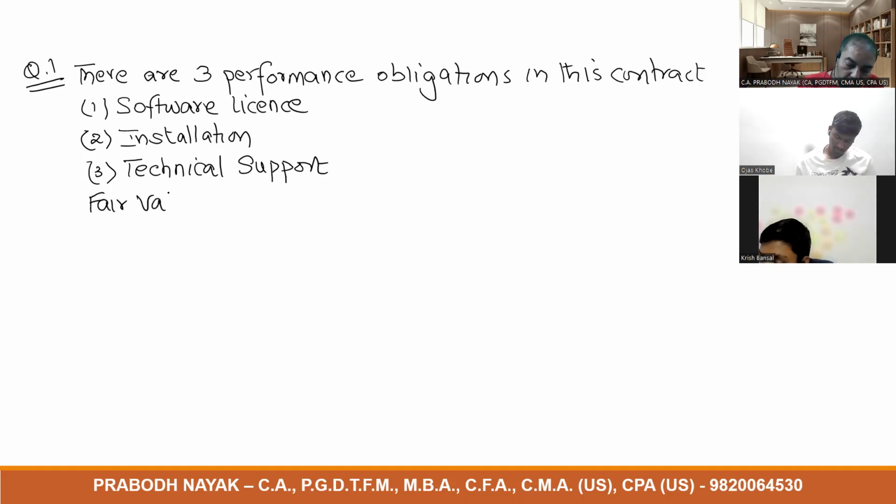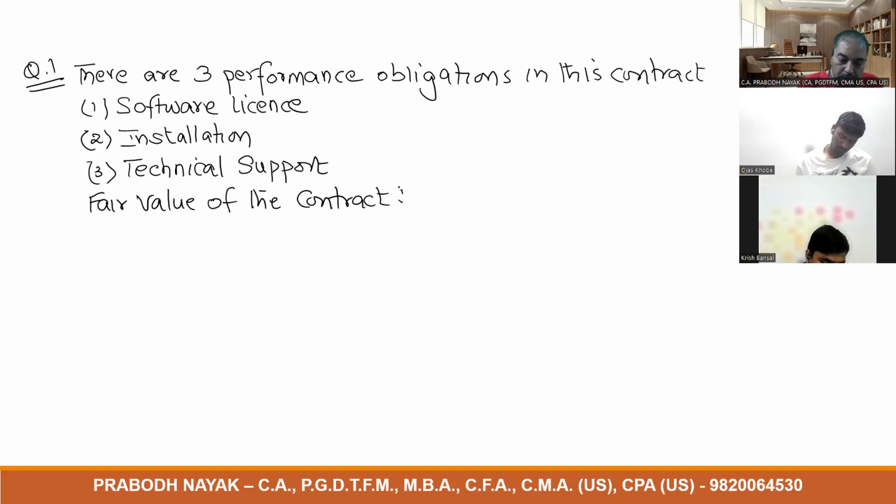Fair value of the contract for the software license is 1,60,000. These are the standalone prices that we have to take. Second is installation. What is the standalone price for installation?